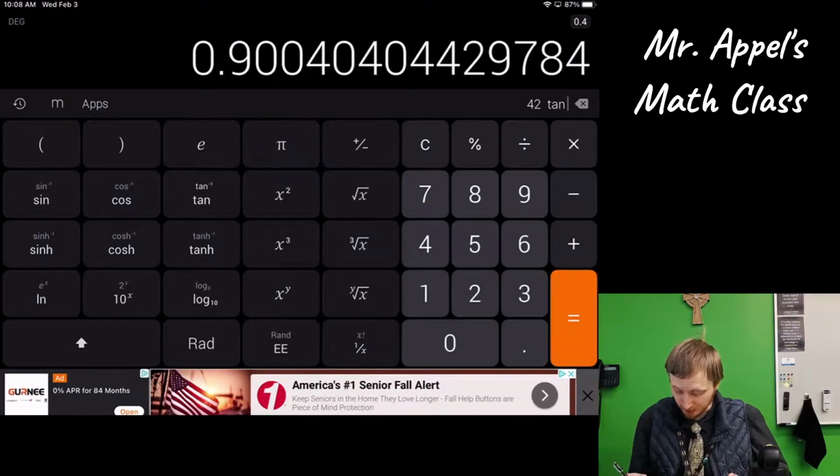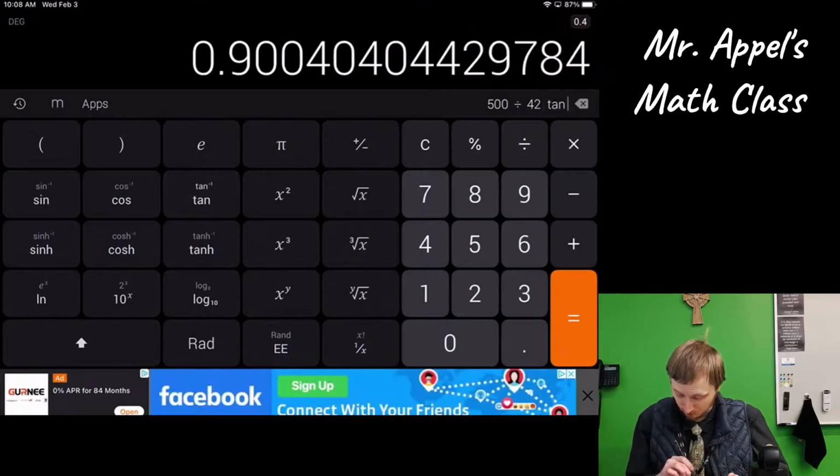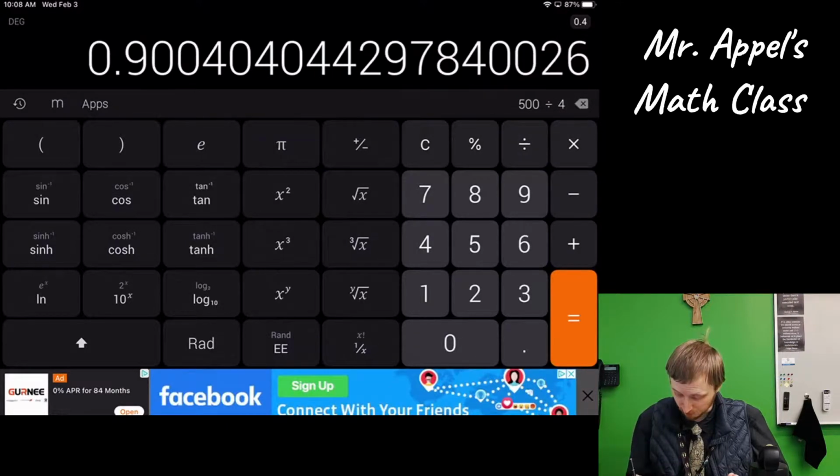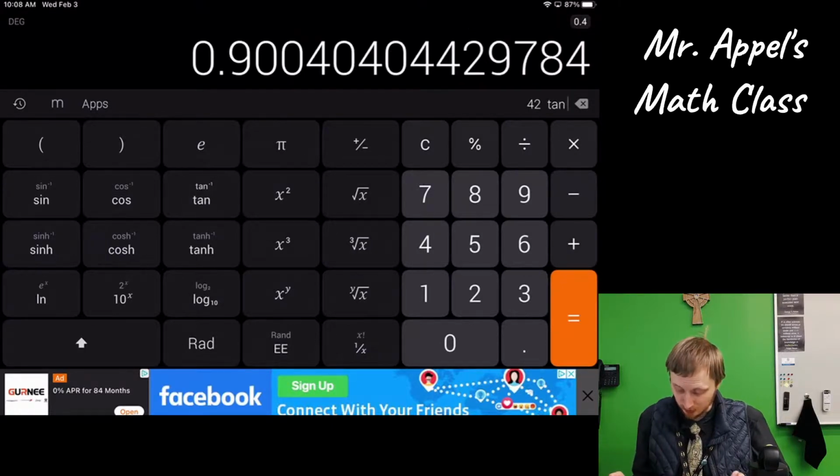So I need 500 divided by that. I hate these calculators that you can't actually type out what you're looking for.